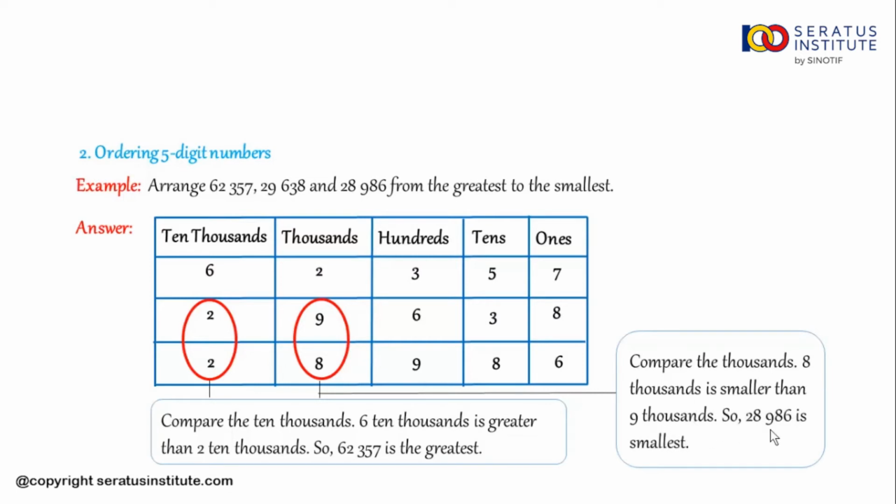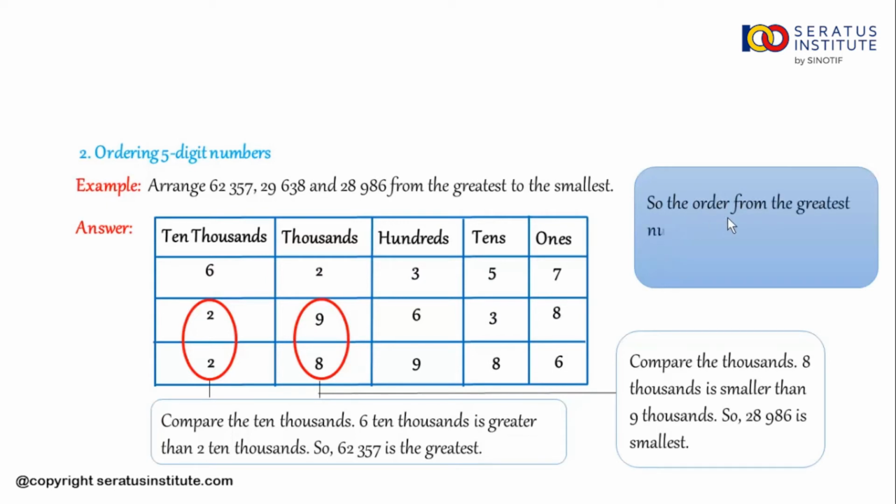So 28,986 is the smallest. So the order from the greatest number to the smallest number is 62,357, 29,638, and the last one is 28,986.